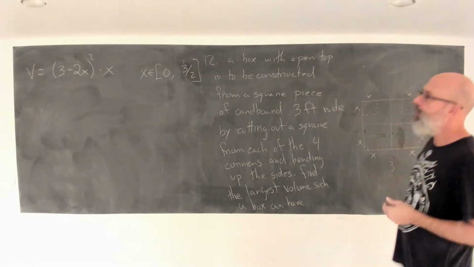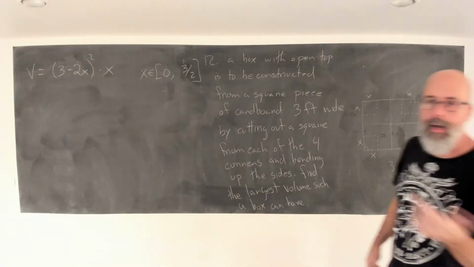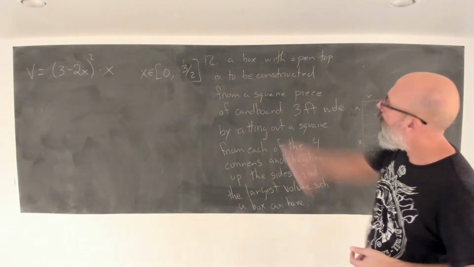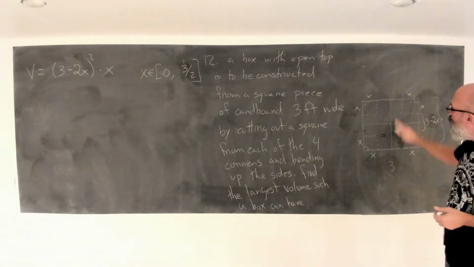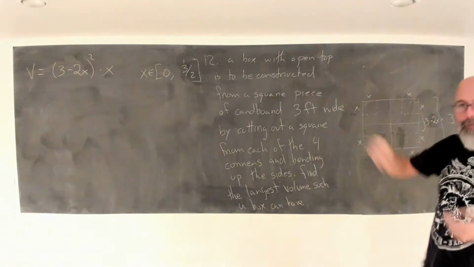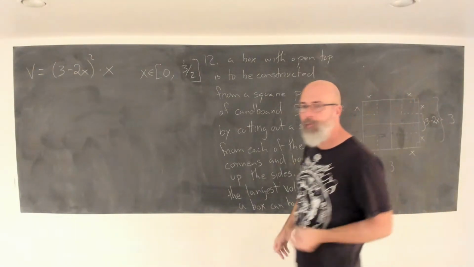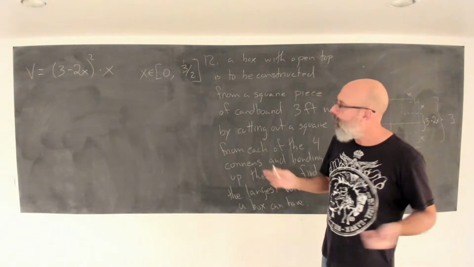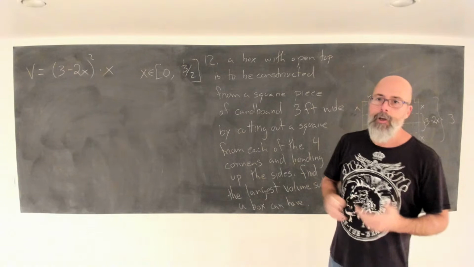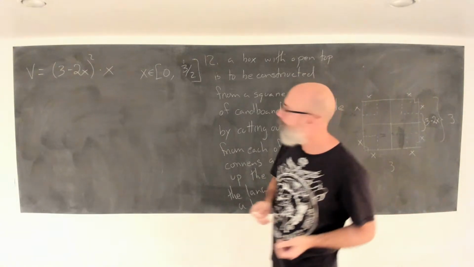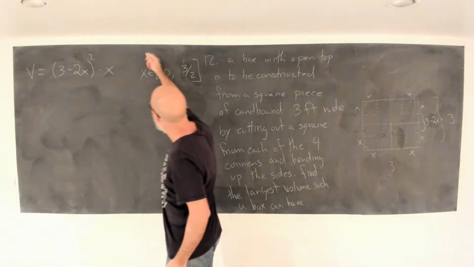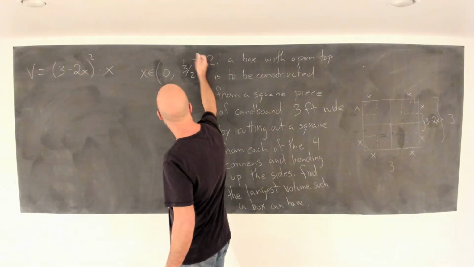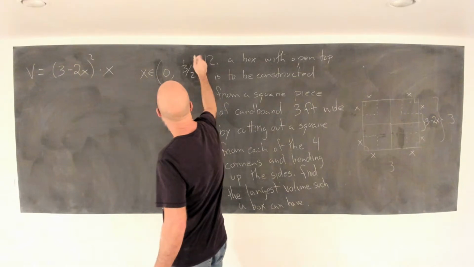Matt brings up the interesting point that x cannot be 0 or you would have no volume, and x cannot be 3 over 2 for the same reason. But fine, it actually doesn't really matter whether you go with open or closed.